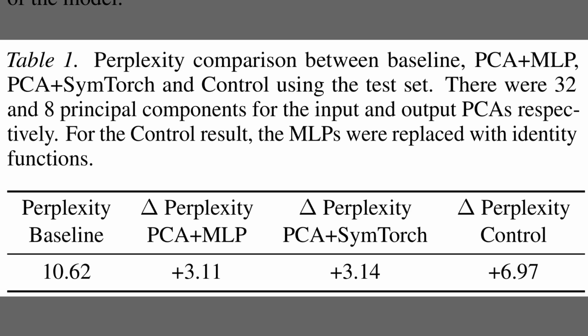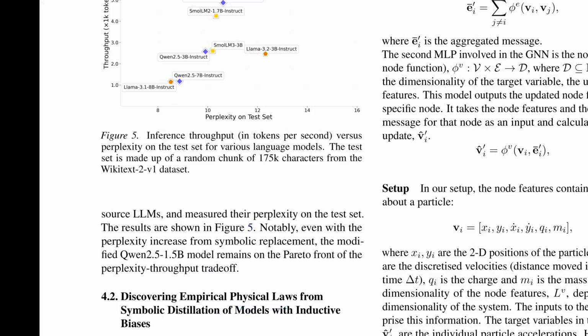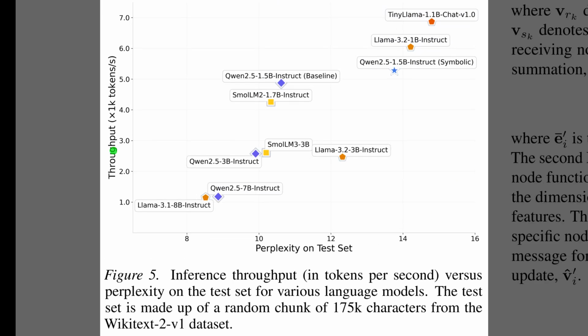Because these numbers are so close, it implies that the symbolic equations capture the compressed layer's behavior almost perfectly, meaning the performance cost comes primarily from the dimensionality reduction itself. Finally, the control column shows a much larger jump of nearly 7 points, confirming that the symbolic model is preserving critical logic.